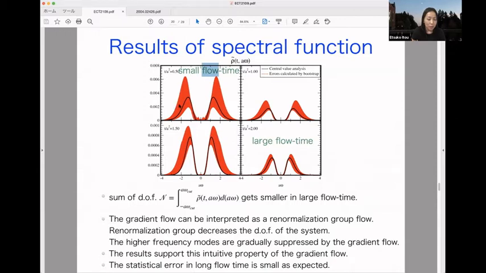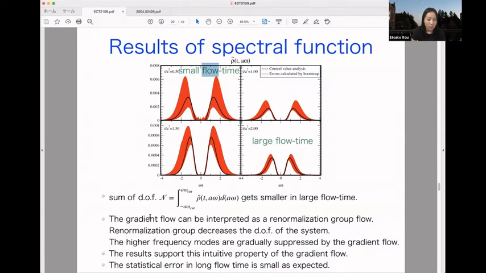First of all, let me consider the integration of the spectral function. It corresponds to the sum of the degrees of freedom of the system. As a function of gradient flow time, the sum of the degrees of freedom gets smaller at long flow time.